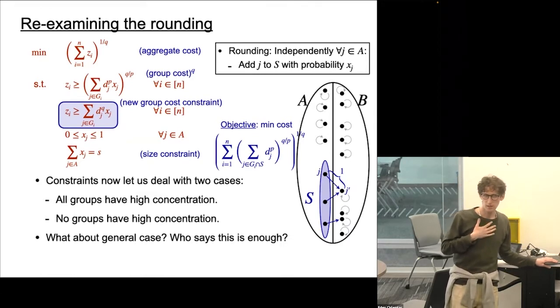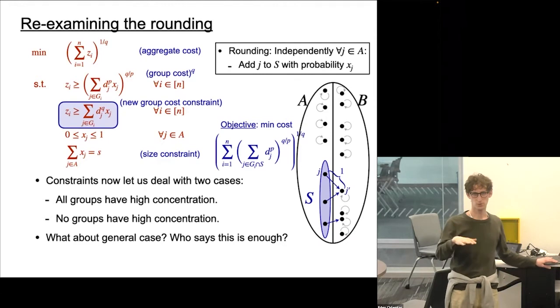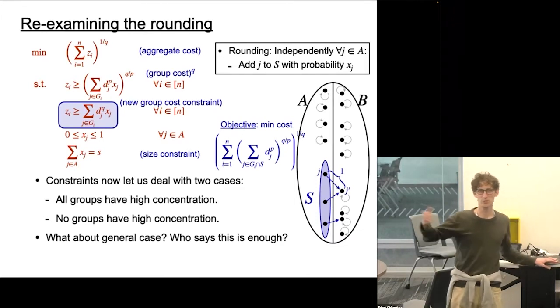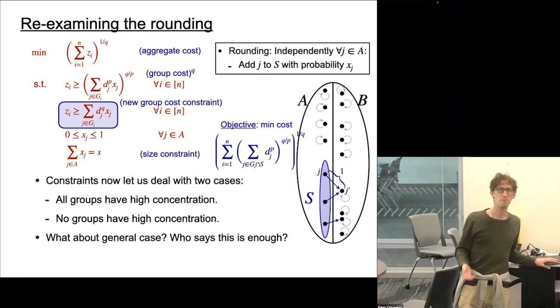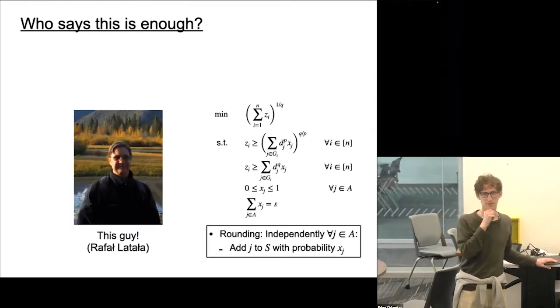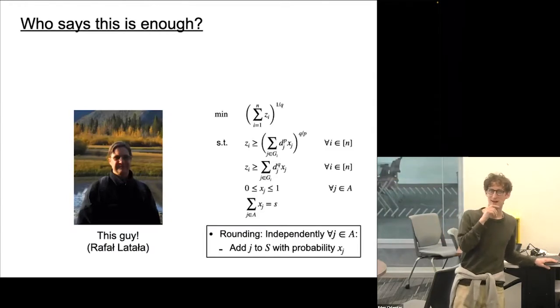But it's not clear from this straightforward analysis that if you have a mixed case, this will work, because the analysis is a little bit different for the two cases. So who says that just having a constraint to deal with high concentration everywhere and low concentration everywhere is enough? This guy says that it's enough. This is Rafał Latała.